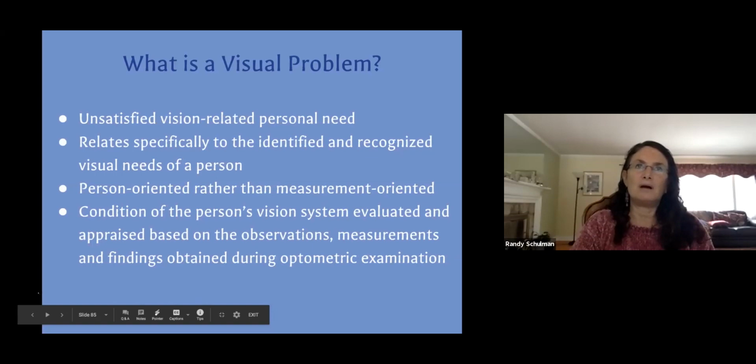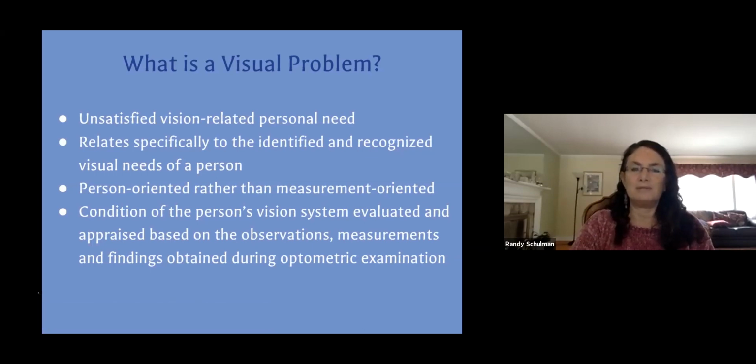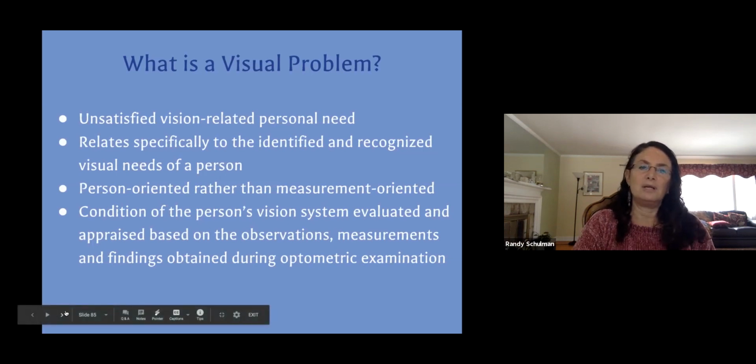They might not say that that's a complaint of theirs, but it's obviously something we can observe as a problem based on, say, a reduced NPC or poor saccadic eye movements. So we really want to be looking at our measures, but from that person's standpoint. And we have to ask the right questions.